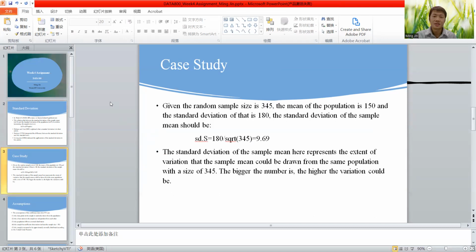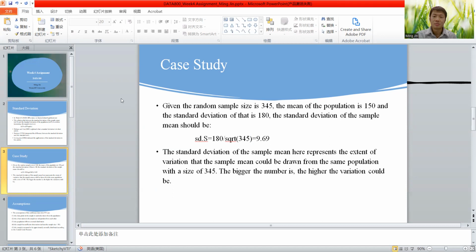We have a case study in this week's assignment. Given the random sample size is 345, the mean of the population is 150, and the standard deviation of that is 180, the standard deviation of the sample mean is equal to 180 divided by the square root of 345.